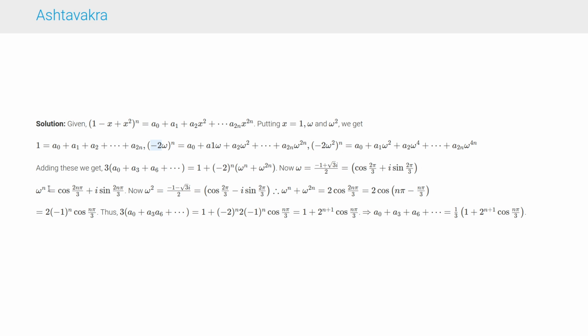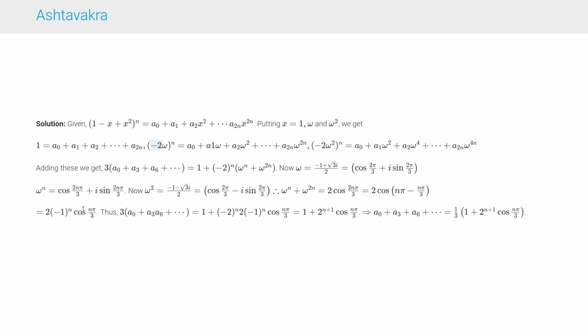So omega to the power n is cos 2n pi by 3 plus i sin 2n pi by 3, and omega square is equal to minus half minus root 3i by 2, that is cos 2 pi by 3 minus i sin 2 pi by 3. So omega n plus omega to the power 2n is equal to 2 cos 2n pi by 3, which is equal to 2 cos n pi minus n pi by 3.